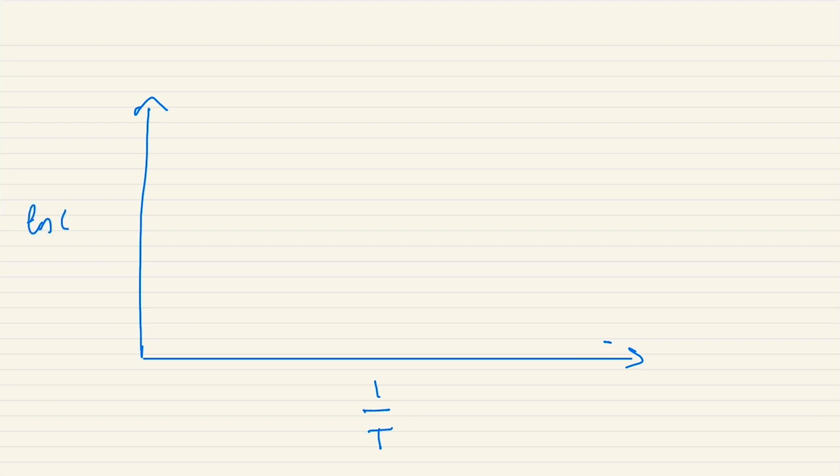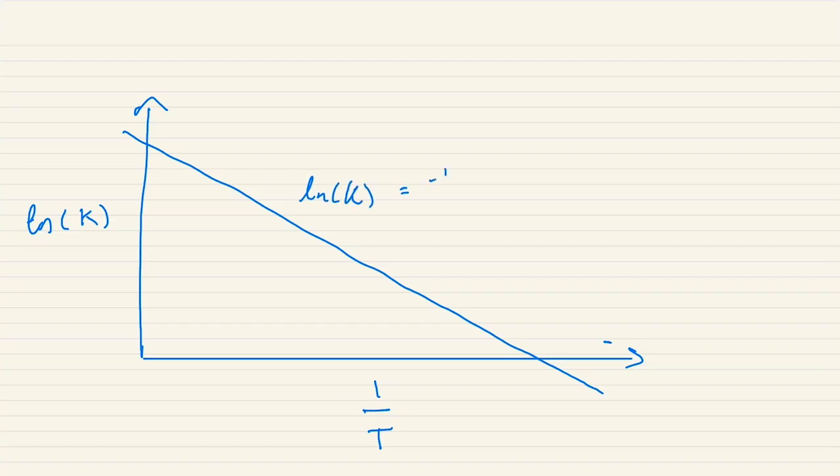Our y-axis is going to be the natural logarithm of the rate constant. And we're going to have some line that goes through like that. The equation of this line is going to be ln k equals minus EA over R times 1 over temperature, plus the natural logarithm of the frequency factor.